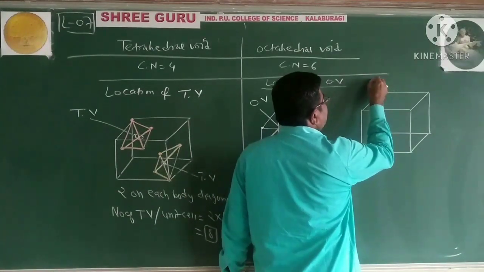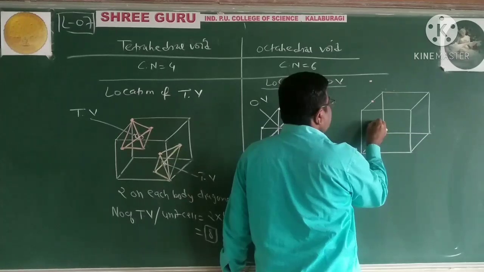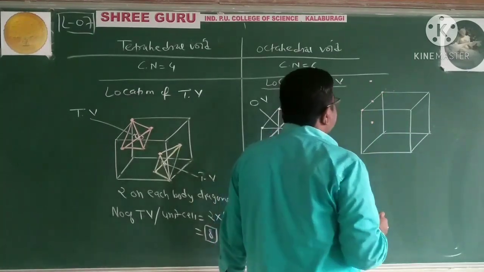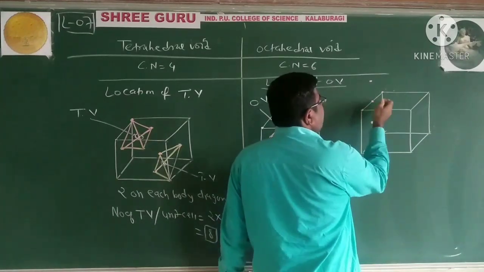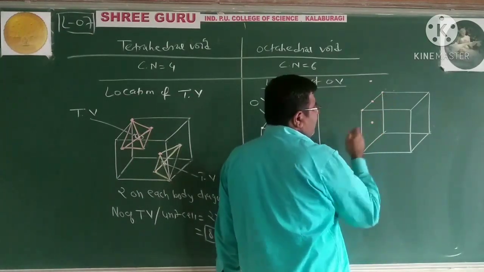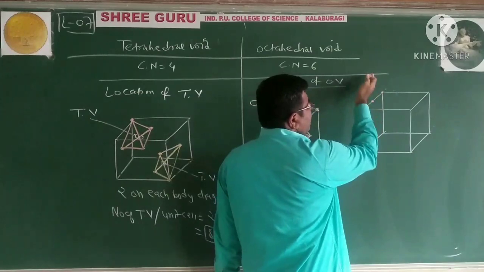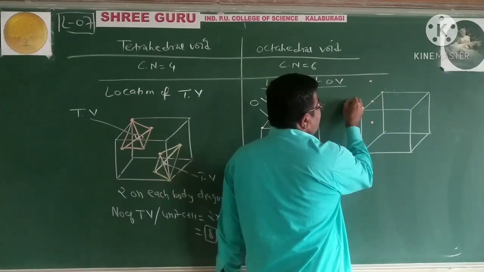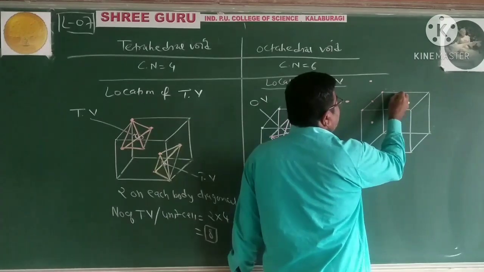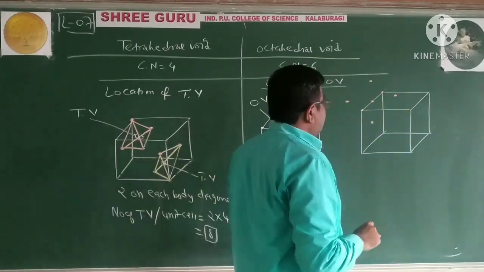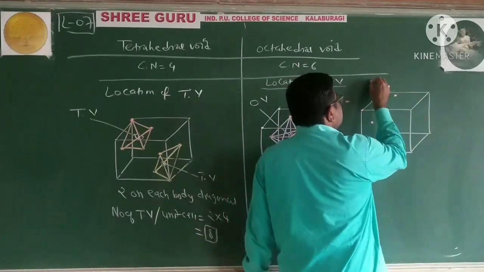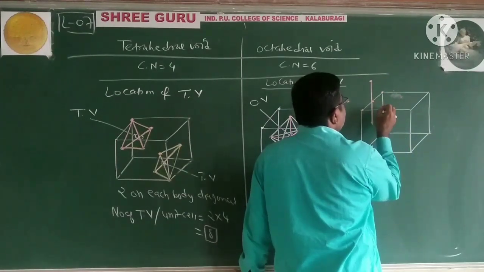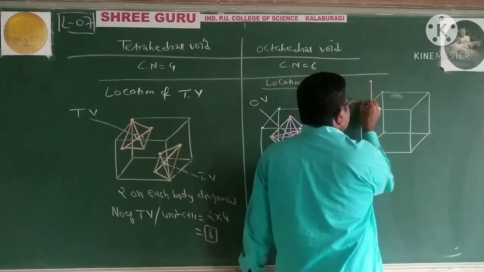This one. 1, 2, 3, 4. Of this, 1, 2, 3 form the same. There is one cube here, and there is this type of one particle around it. If we connect all these things, we can draw like this.